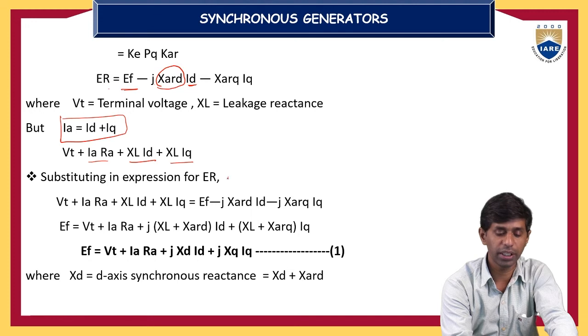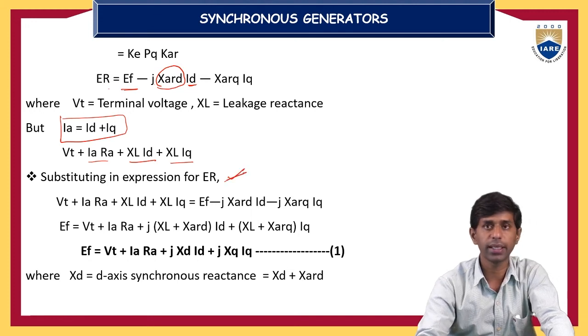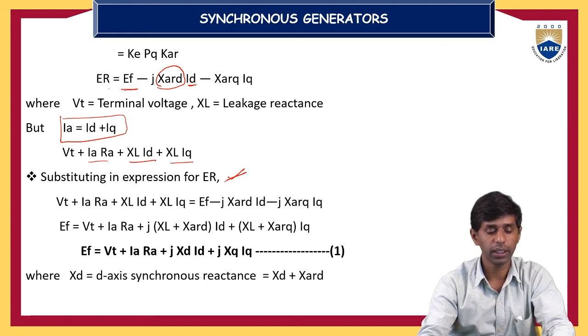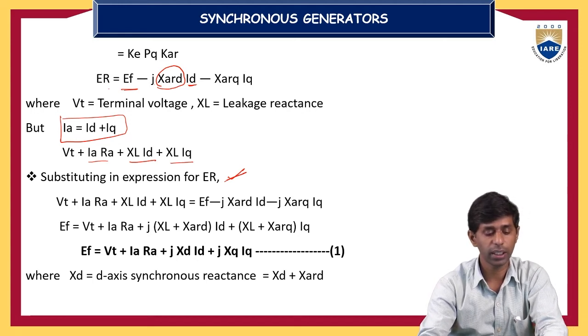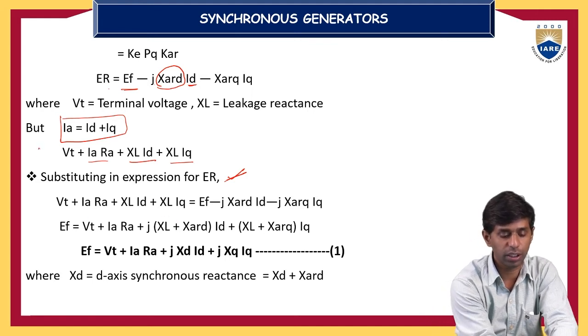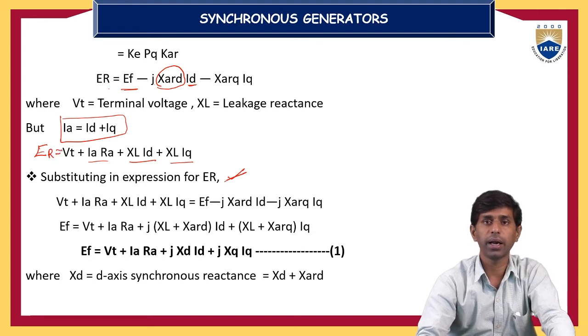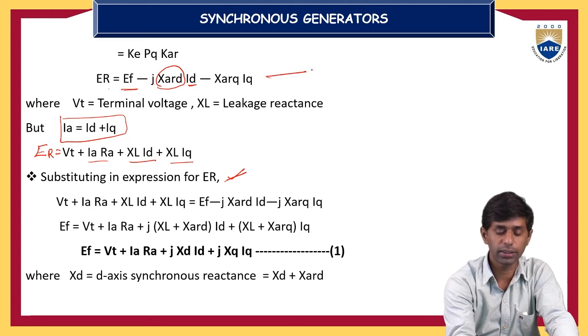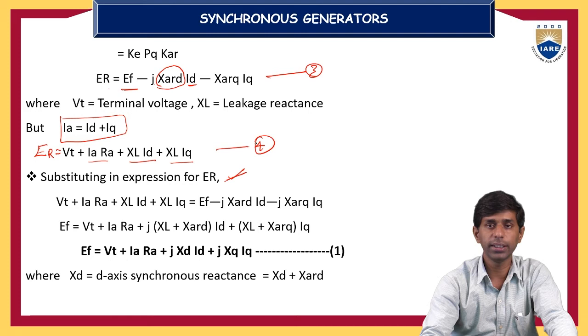Substituting these values in the expression for the resultant induced EMF, we get EF minus j XARD ID, which equals ER, equal to VT plus IA RA plus j XL ID plus j XL IQ. Let us name these equation number 3 and equation number 4, and equate these two equations.